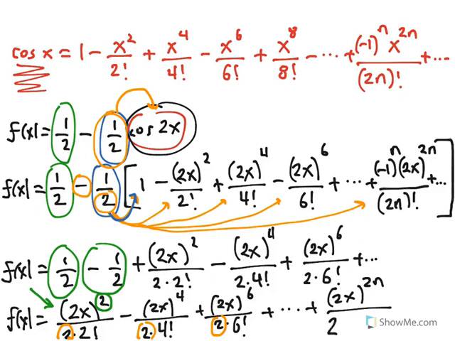So that's regardless of what term I'm looking at. And then you have 2 factorial, 4 factorial, 6 factorial. It matches the exponent that you have in the numerator. So you're going to write 2n factorial. And there's our power series that represents our original function, which is, of course, sine squared x.